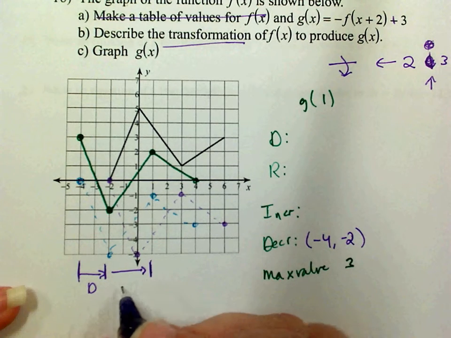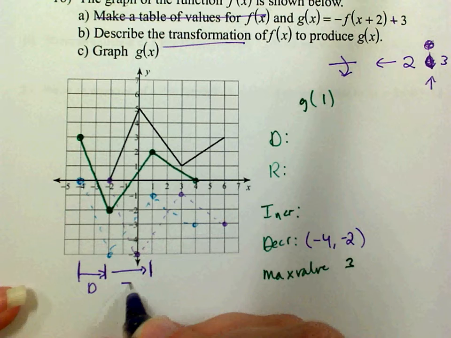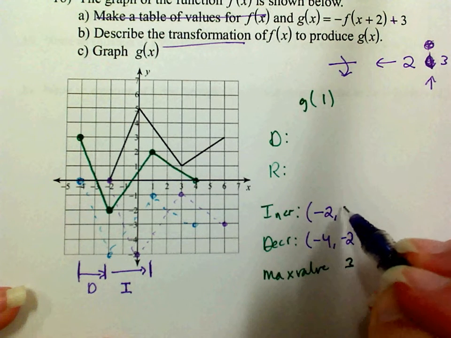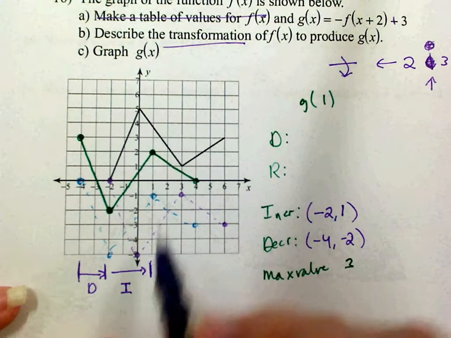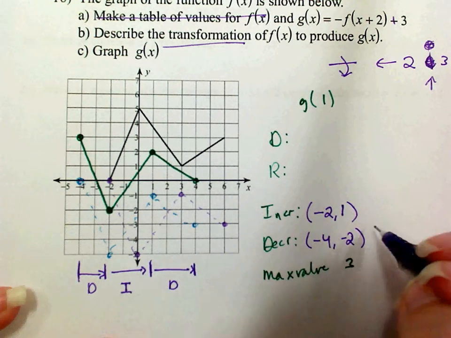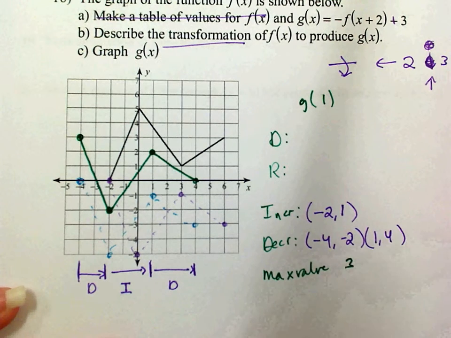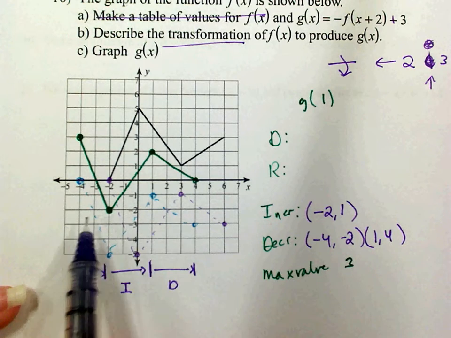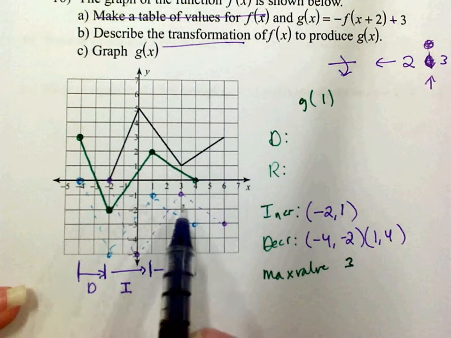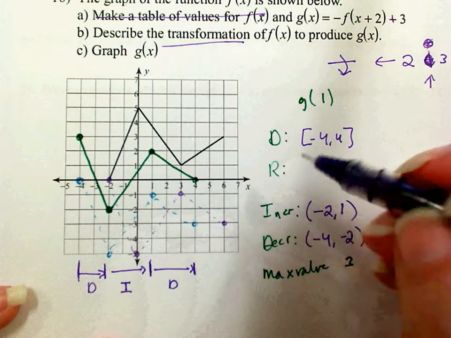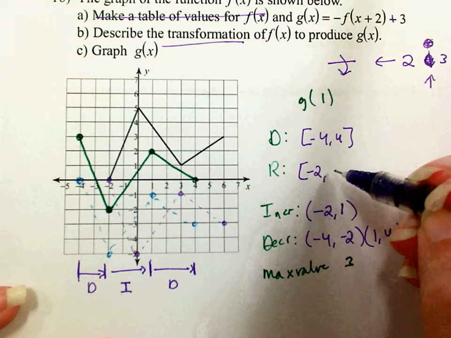And then from 1 to 4 we are? Okay. What's the domain on this function? The new one. Negative 4 to 4. What about the range? There you go. Good.